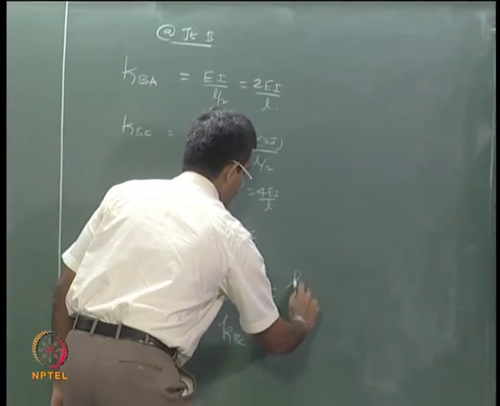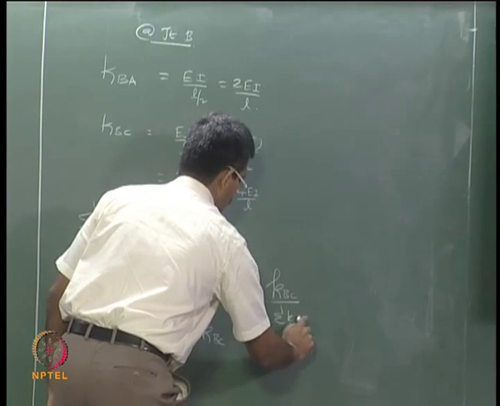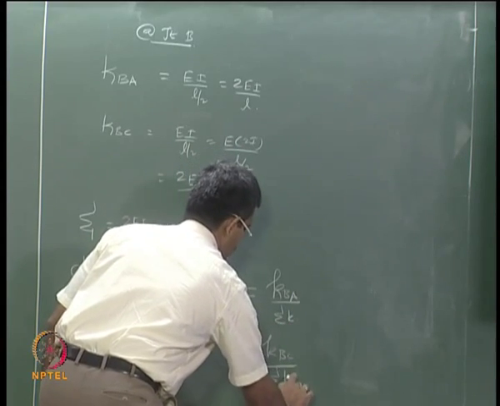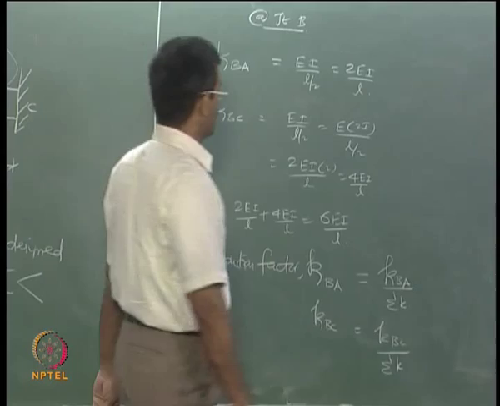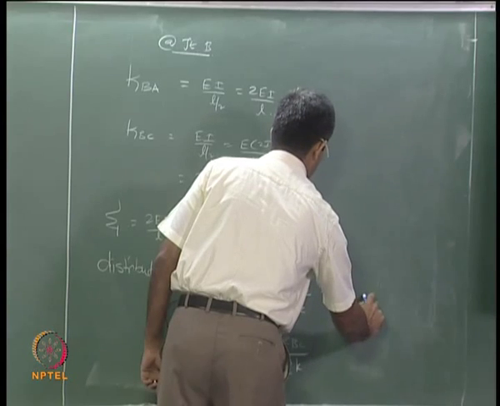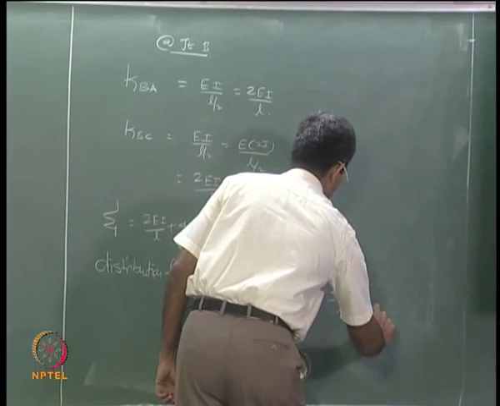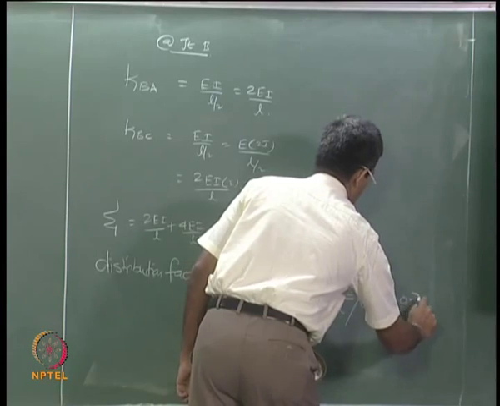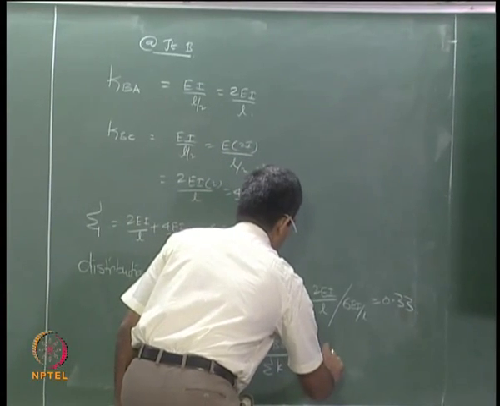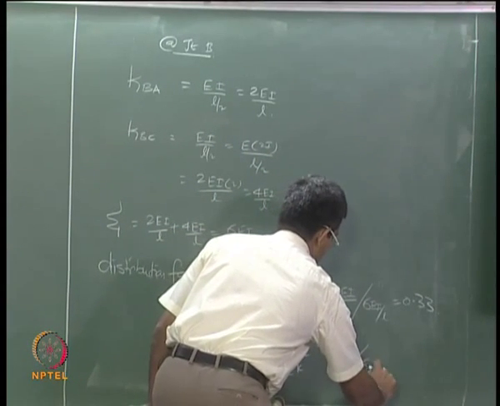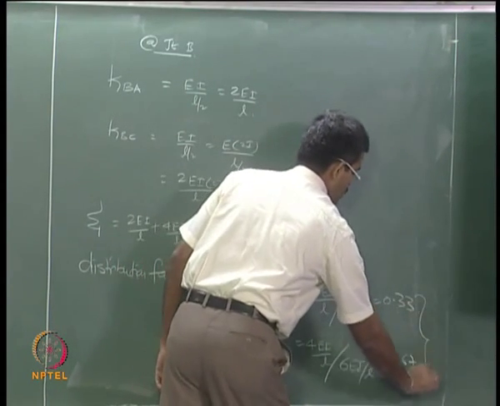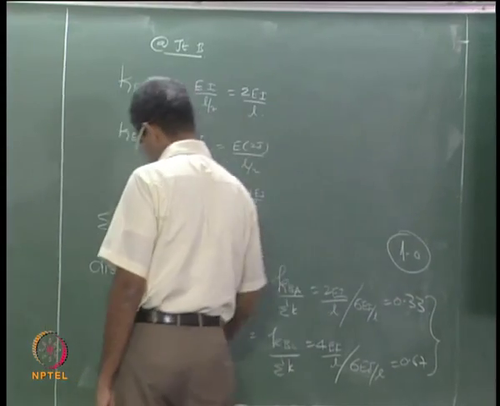The equation is simply K BC by sum of K. So I have both the values here, I can substitute that, which is 2 EI by L divided by 6 EI by L, which will give me 0.33, and this is going to be 4 EI by L divided by 6 EI by L, which will give me 0.67. At any junction the sum of this should be unity.